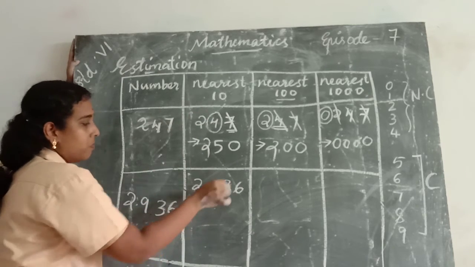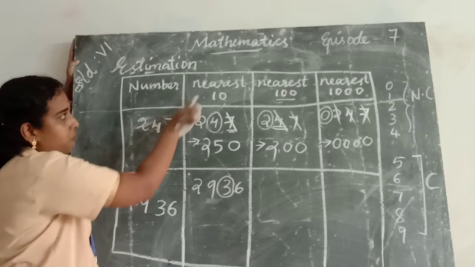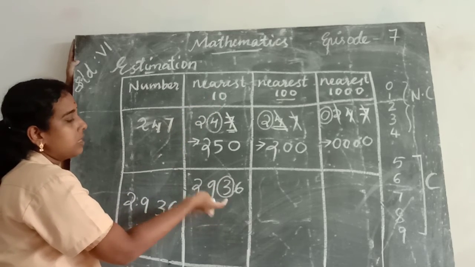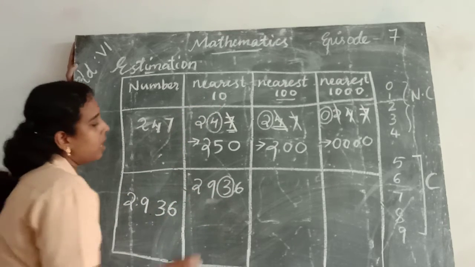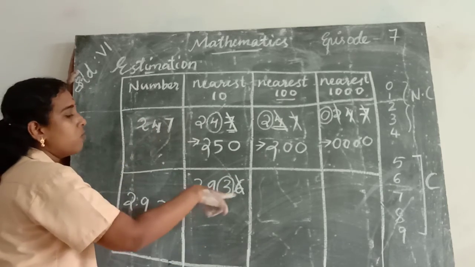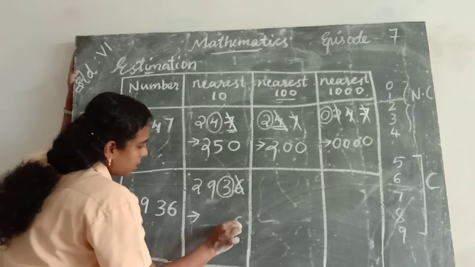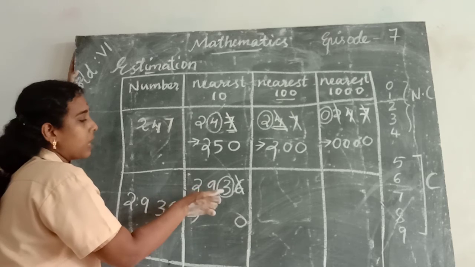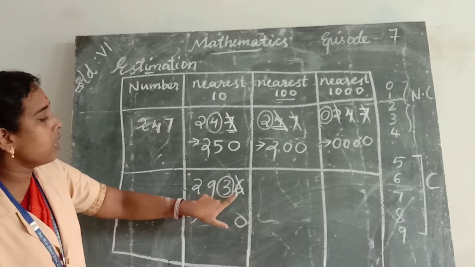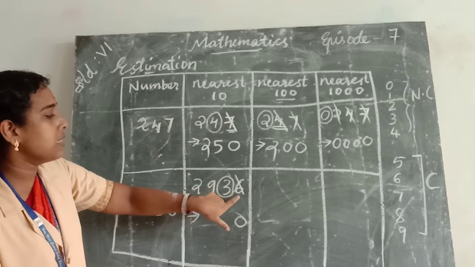For that we round the digit at the tens position. For the nearest 10, we round the digit at the tens position, take off the numbers that come before the rounded digit, and then we put zeros at the off number positions. For writing the digit in the rounded position, we just look at the digit that just comes before the rounded digit, which is 6.